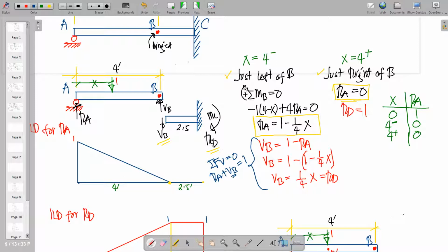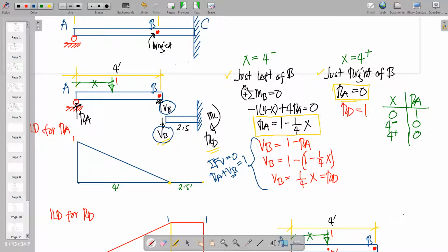We will come up with the shear at B equal to 1/4 of x, which will be equal to RD. Why equal to RD? Because, as we can see, the 1 is still on AB. So VB here will be equal to VB on the right portion, and there is no other loading rather than VB for RD to counter.